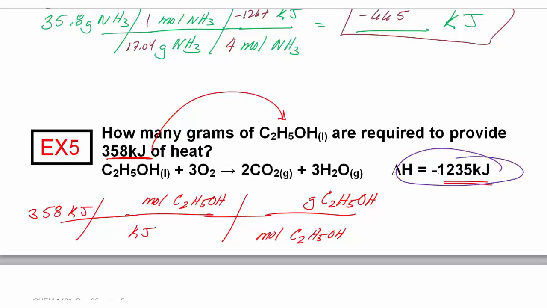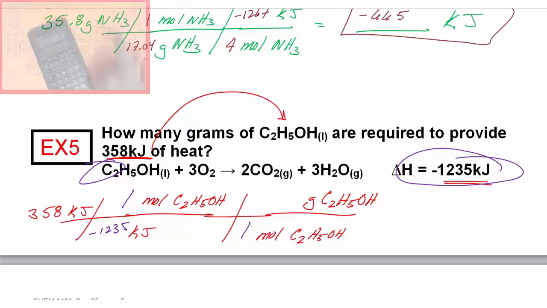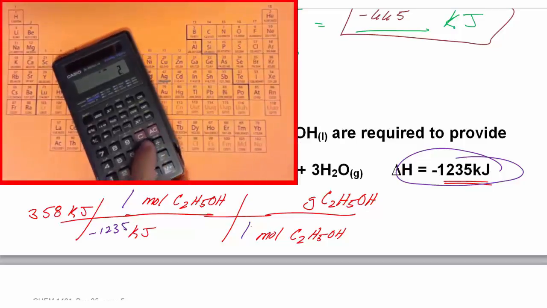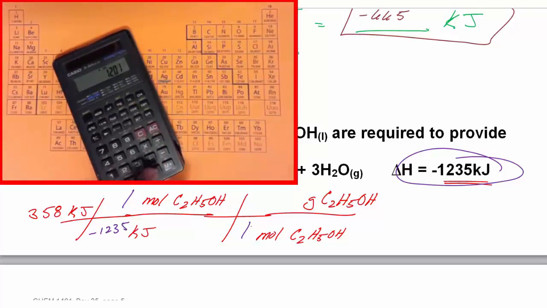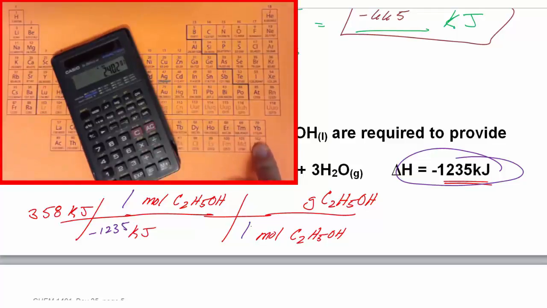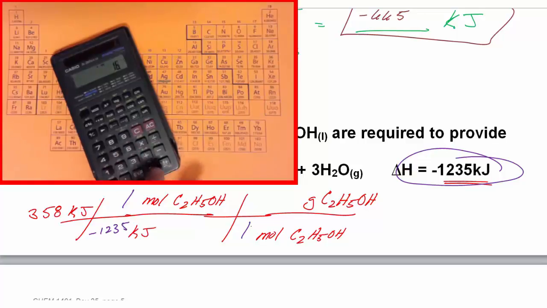We have a negative 1235 kilojoules for every 1 mole of ethanol. And every 1 mole of ethanol, we have 2 carbons, 2 times 12.01 plus 6 hydrogens, 6.06 plus an oxygen, 16.